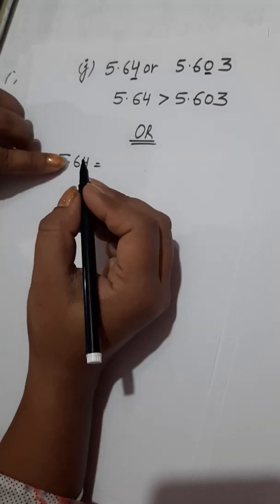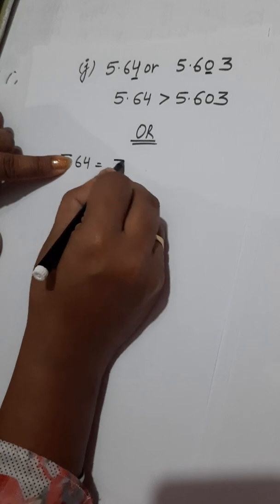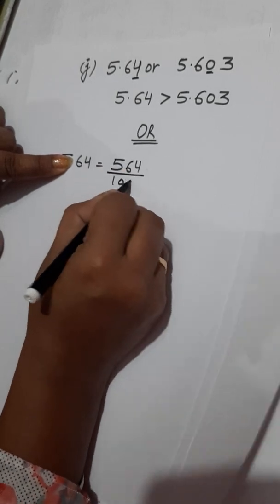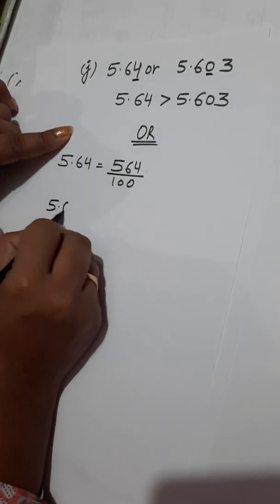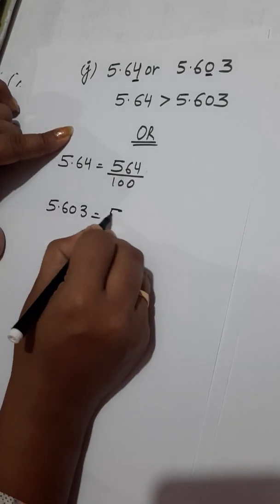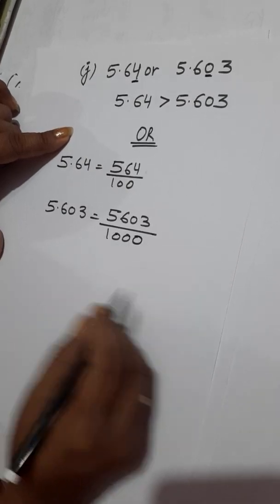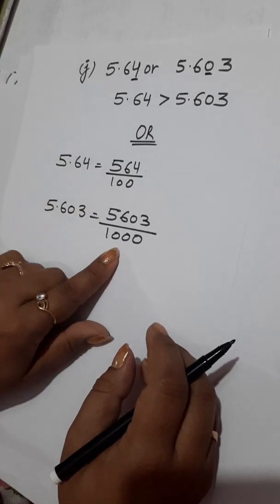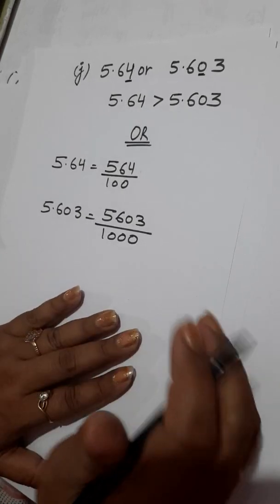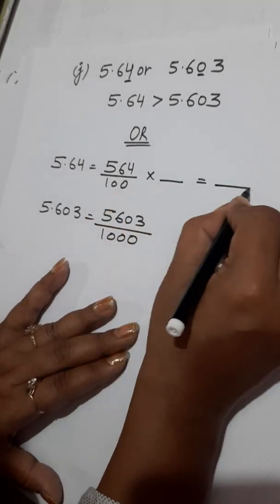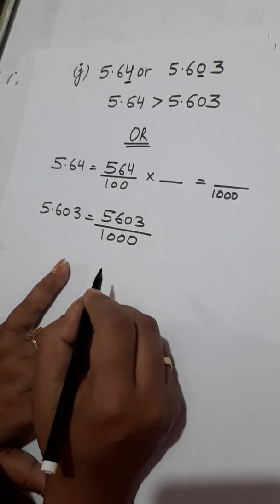If I remove this decimal, after decimal we have two digits, so I will write 564 upon 100. Then 5.603 is equal to 5603 upon 1000. Here we have 100, here we have 1000. To compare, denominator should be same. So by which number do I multiply this 100 so that I get 1000 in the denominator?